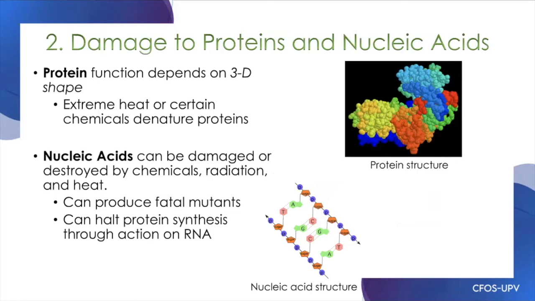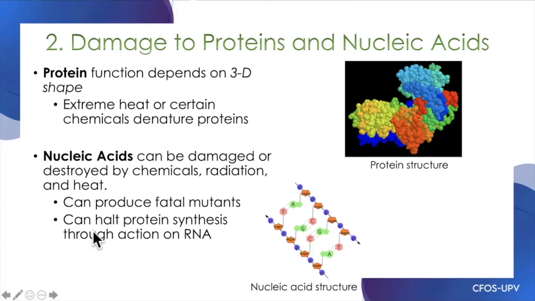For protein, we know that extreme heat or certain chemicals causes denaturation of proteins. And once proteins get denatured, hindi na siya babalik dun sa original niya na structure. This includes your enzymes. No, pag sinabi natin proteins, this also includes enzymes. Okay, nucleic acids can be damaged or destroyed by chemicals, radiation, and heat.